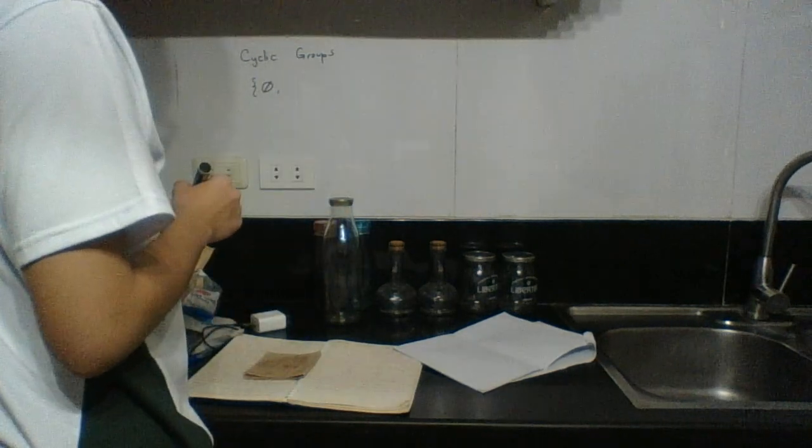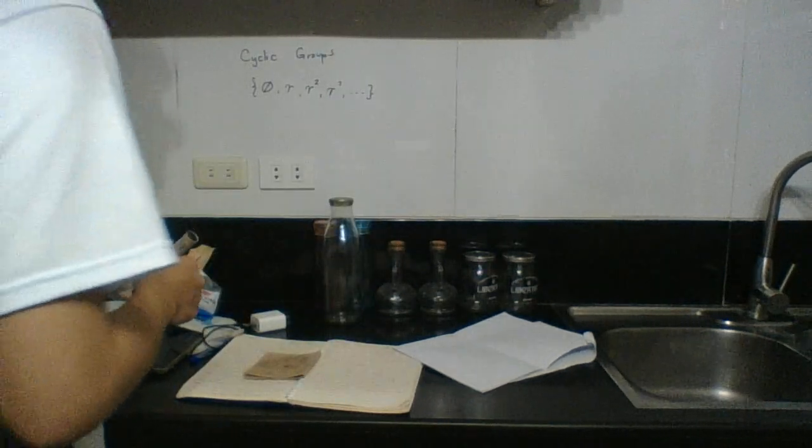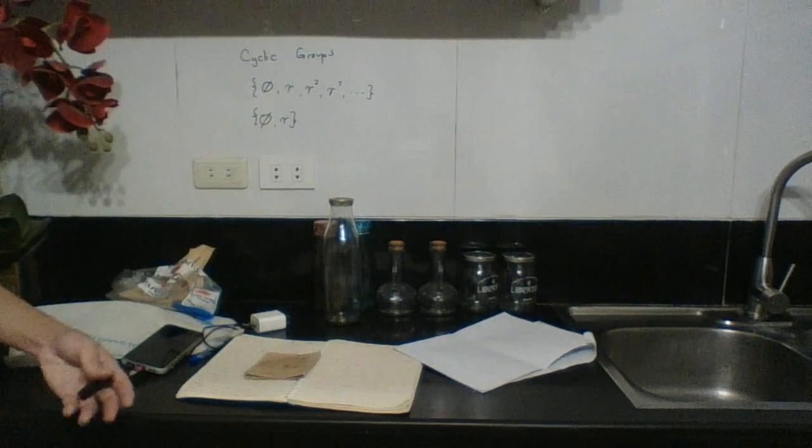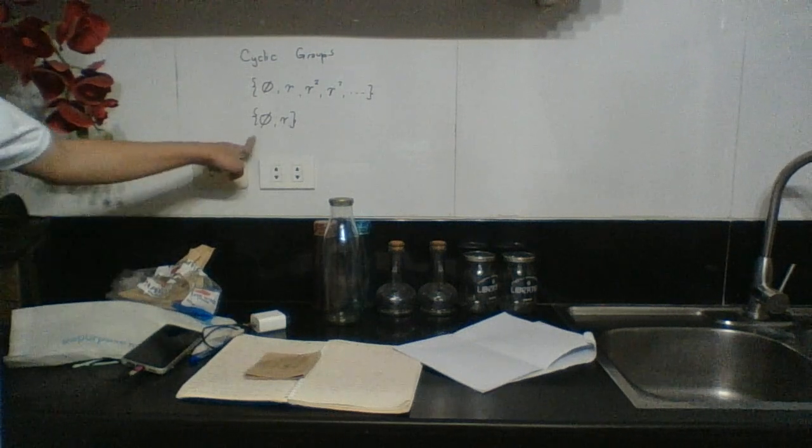So cyclic groups usually have underlying sets that contain, of course, the null set or our identity element, and then we have our element R, and then R squared, R cubed, and on and on. The trivial cyclic group is just R. This is the trivial cyclic group, C1. C0 is just the empty set.